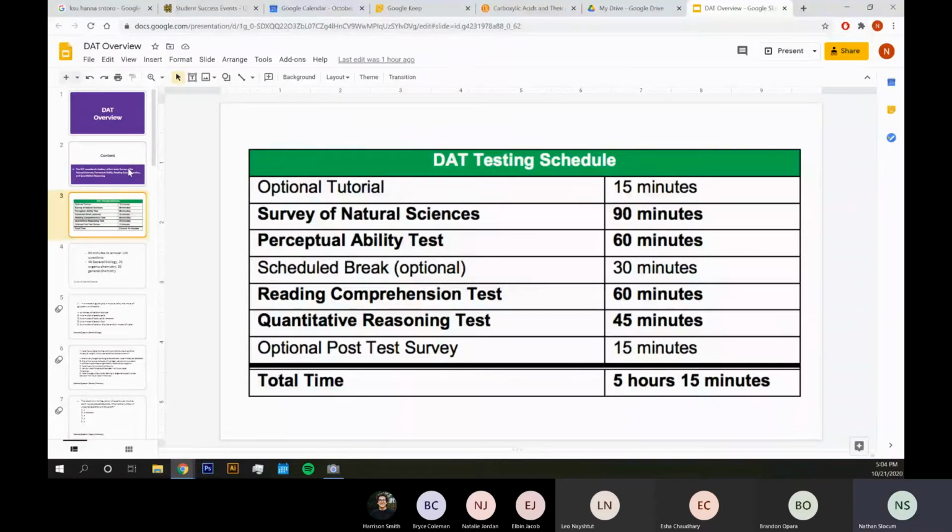So there's many different sections to it. You've got to pace yourself because it's a pretty long exam. It's going to take all day to do it. So you have the four sections that we just looked at. I'm not really familiar with the optional surveys. I'm sure it wouldn't be that hard though.